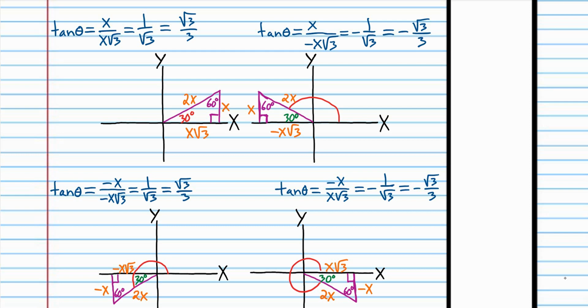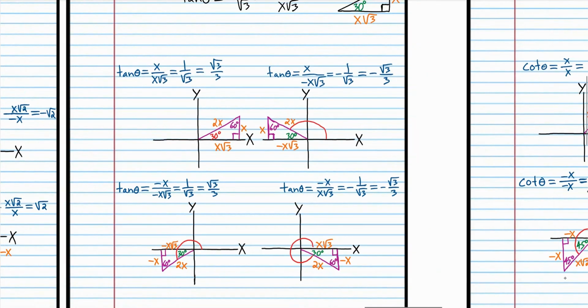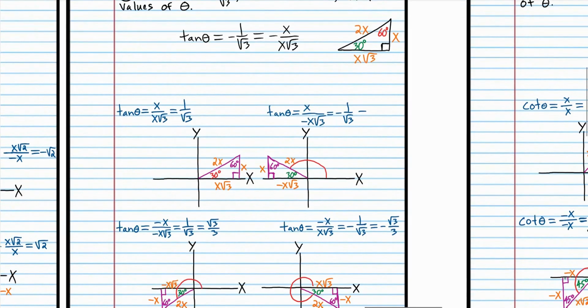And the question is, which one of these scenarios produces, what do we want? A negative 1 over root 3. Which one produces a negative 1 over root 3? And the answer is the second quadrant and the fourth quadrant.